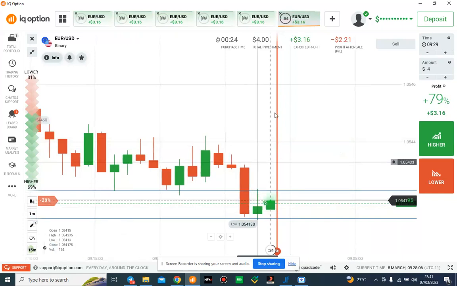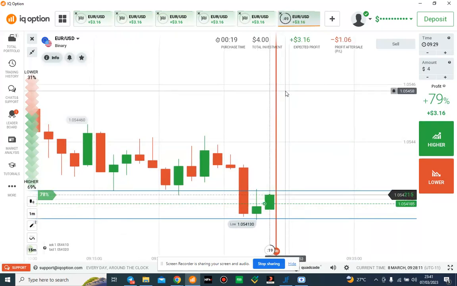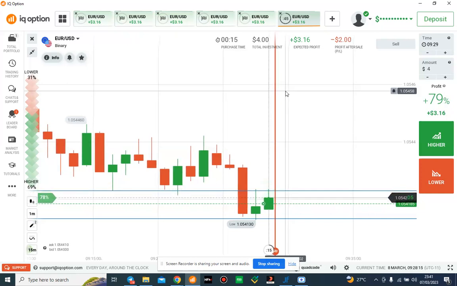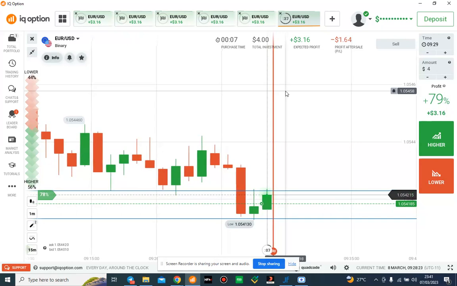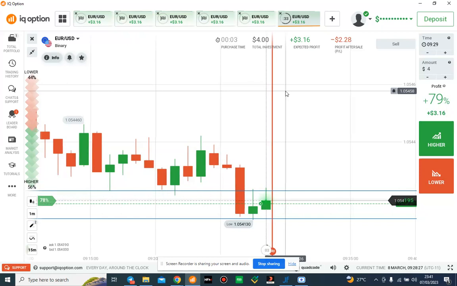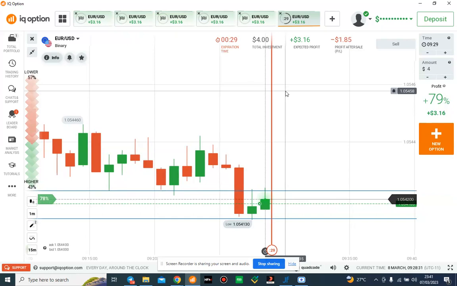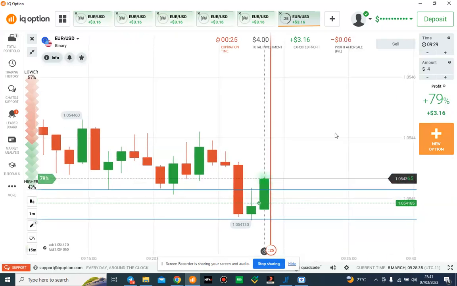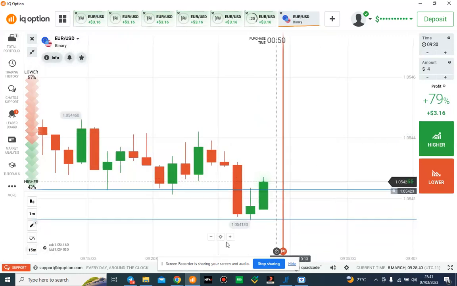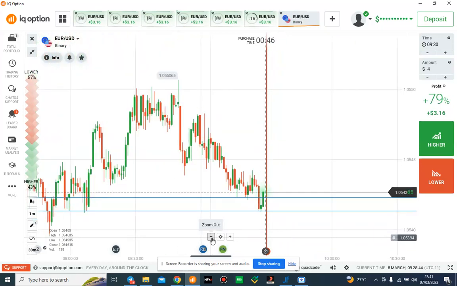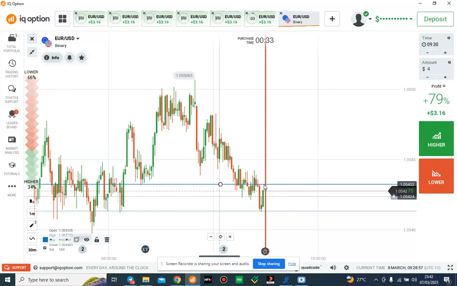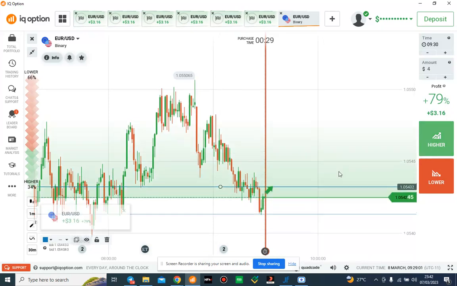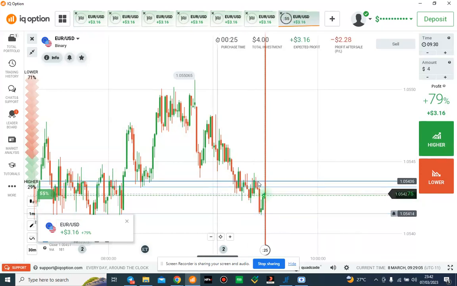Buyer's area, reversal sign. Strong bullish candle from buyer's area. Next seller's area is here.